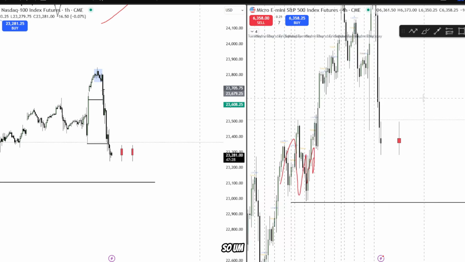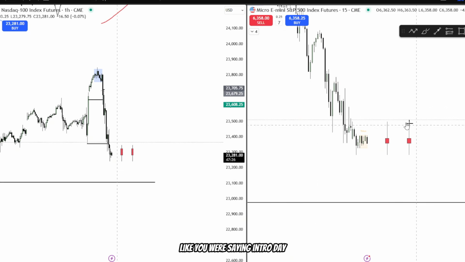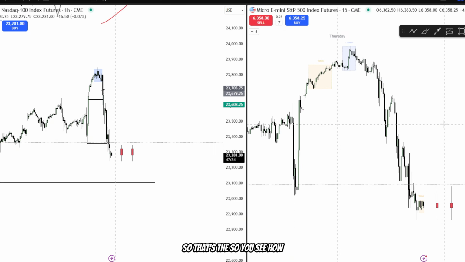So like you were saying, intraday, you see how market maker models are all connected? If a daily market maker model can be going on, and then you go to the 4 hour chart, a 4 hour market maker model might be going on, and then you go to the 1 hour chart. In this case we're in a 1 hour market maker model, right?